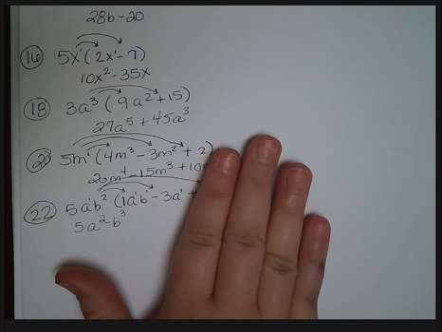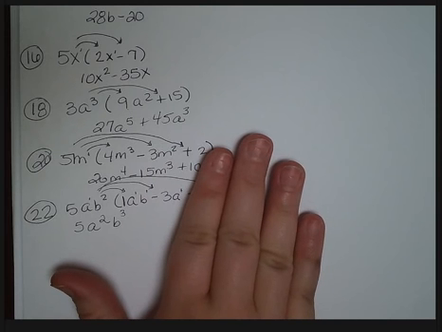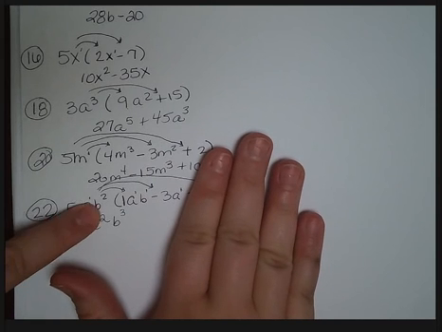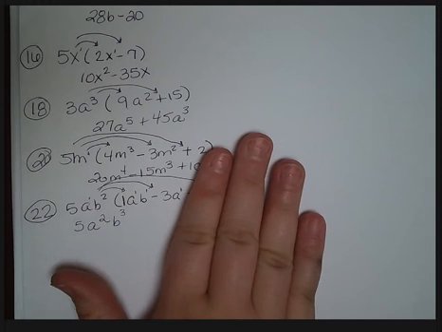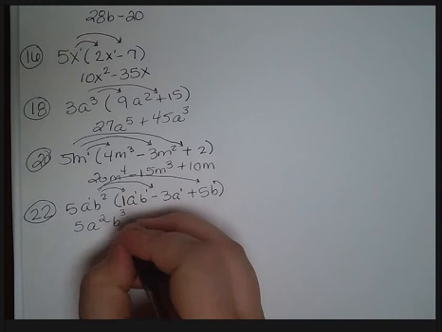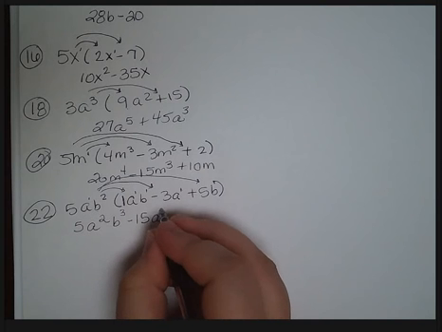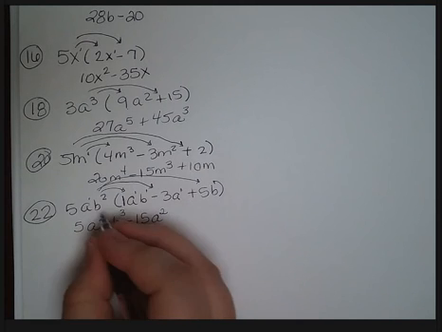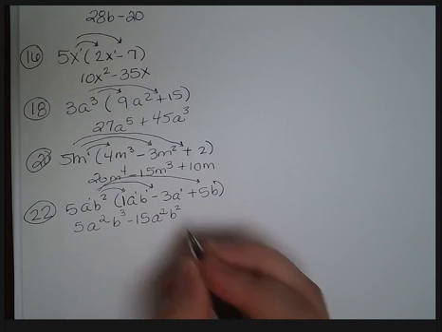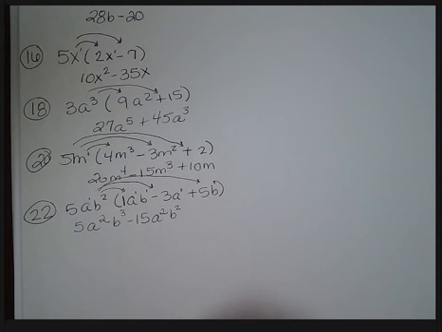So now let's look at the next one. 5ab squared times that negative 3a. Well, 5 times negative 3 is negative 15. A times a is a squared. And then your b squared is just going to come down with everything.